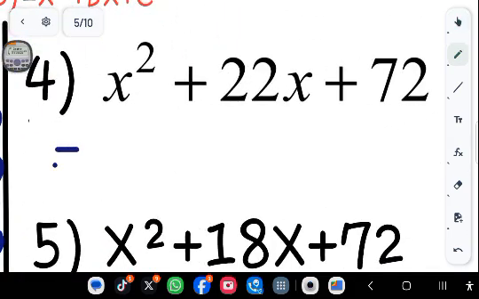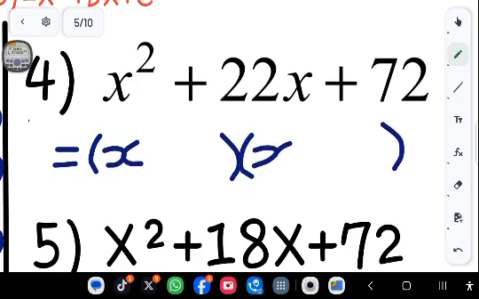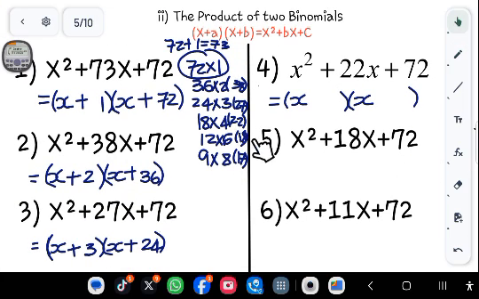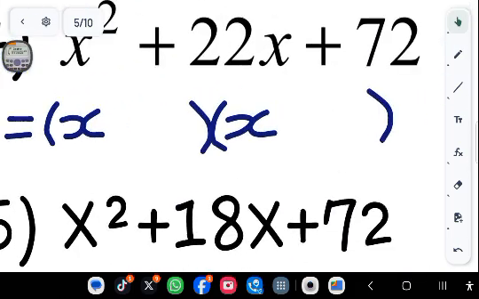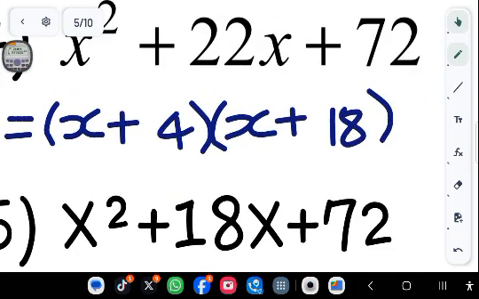Next, we must get the factor combination that gives us 22 in the middle, and the correct one is 18 and 4, with plus plus.